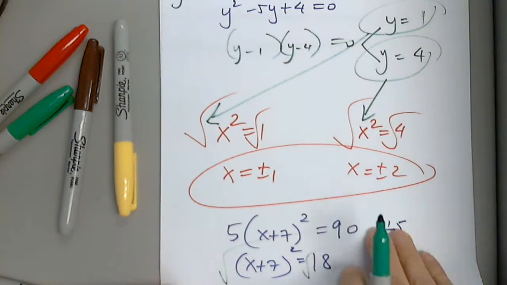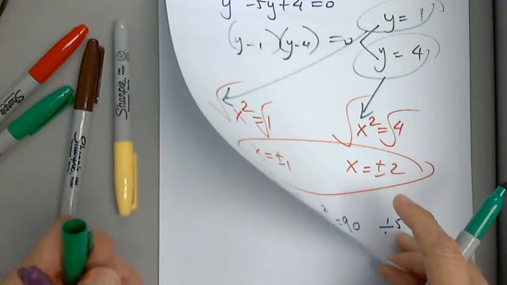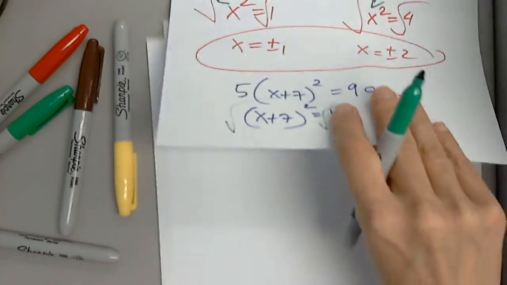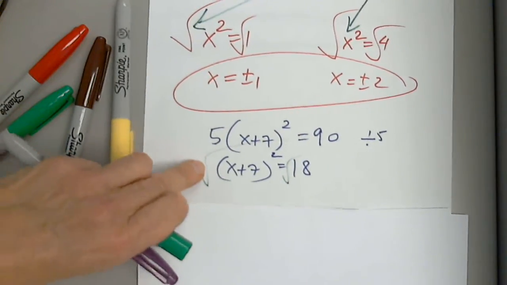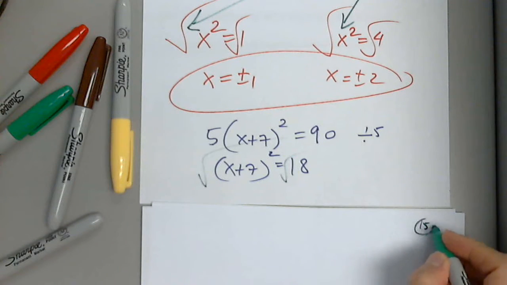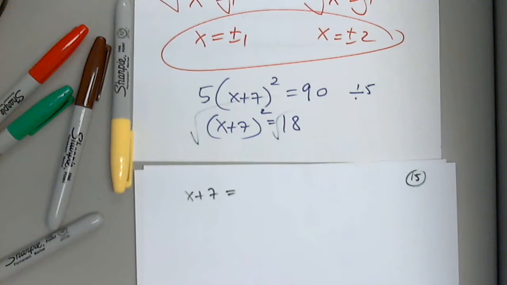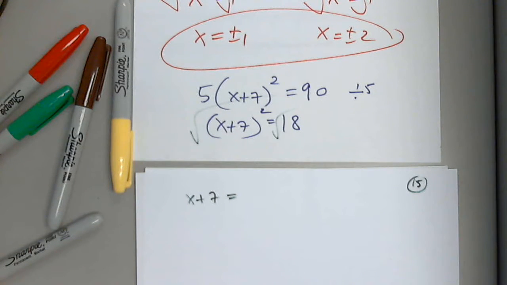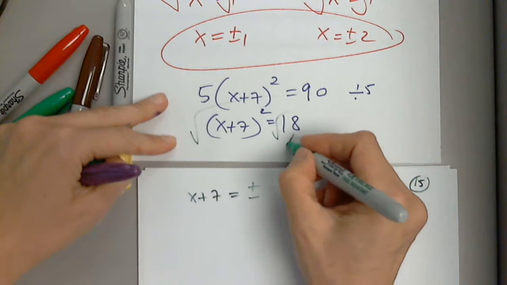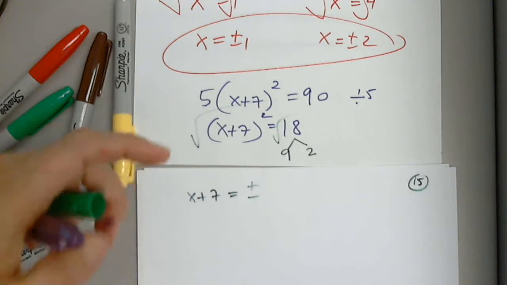But remember, from the very beginning, how many solutions do we have to get? 2 indeed. So you will write x plus 7 equals. Careful. Plus minus. Thank you. And now the square root of 18 has to be split into 9 and 2.